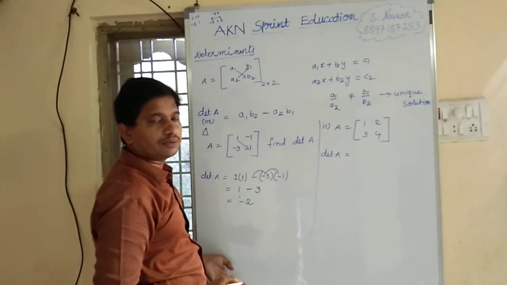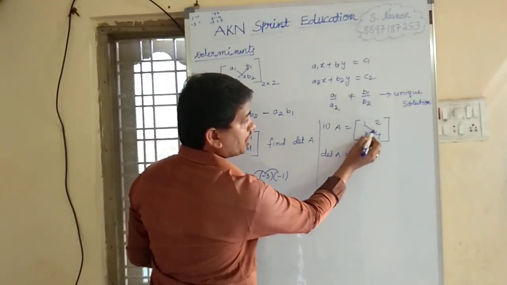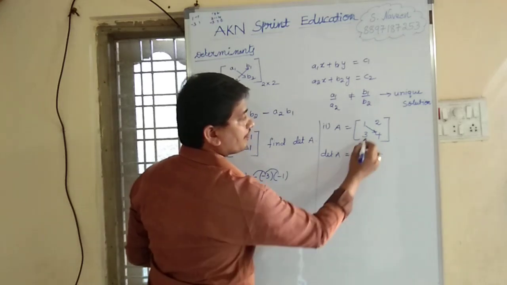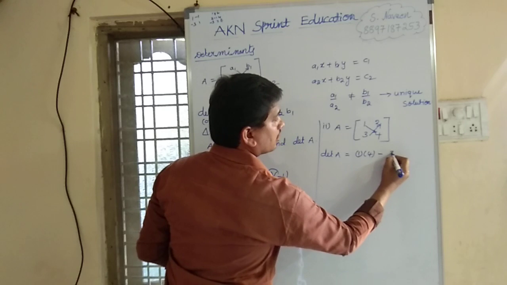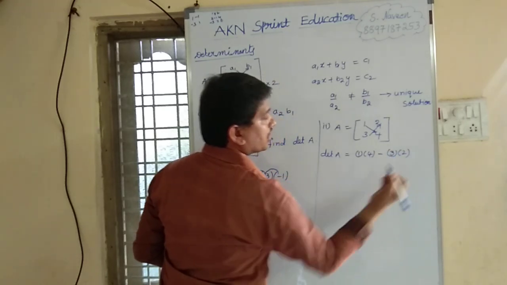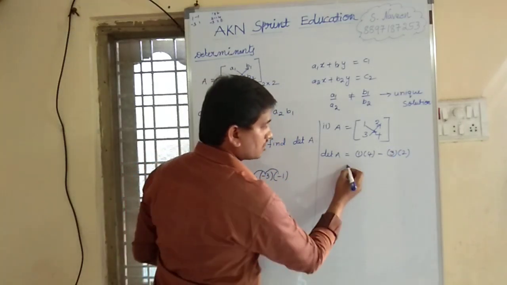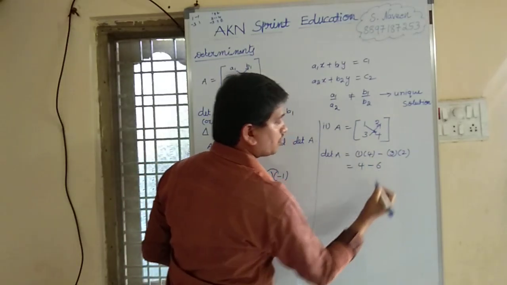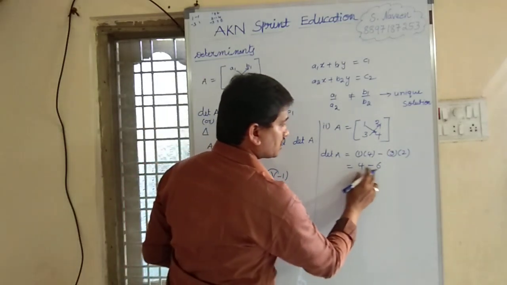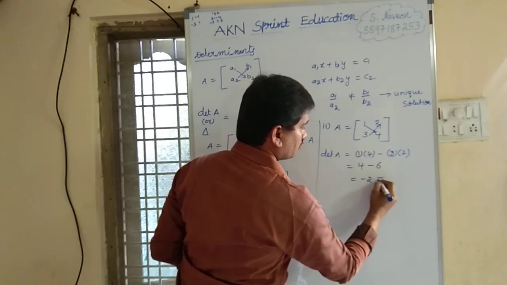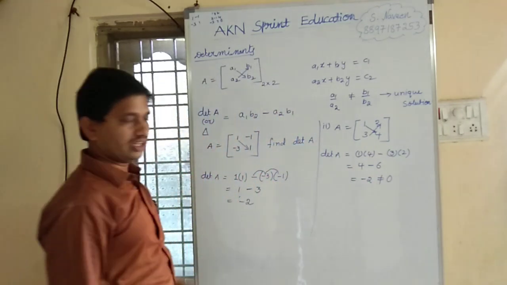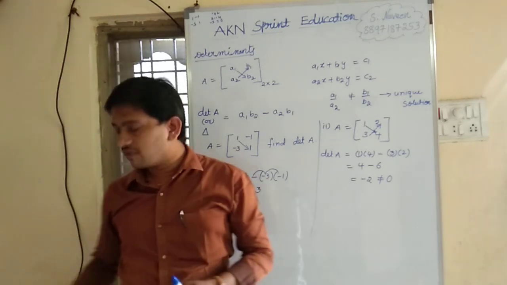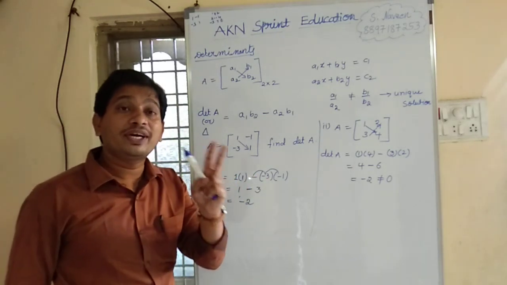What is the formula for determinant of A? a1 b2, 1 into 4, minus a2 b1, 3 into 2, children. So 1 into 4 is 4. Minus 3 into 2, 3 2s are 6. So that is 4 minus 6, which is equal to minus 2, which is not equal to 0. In this way, we can find the determinant of a 2 by 2 matrix.